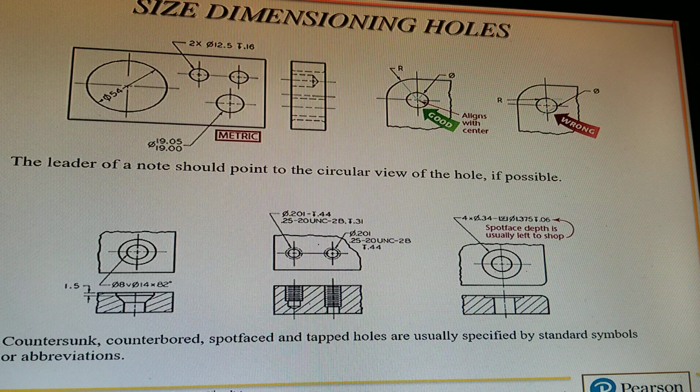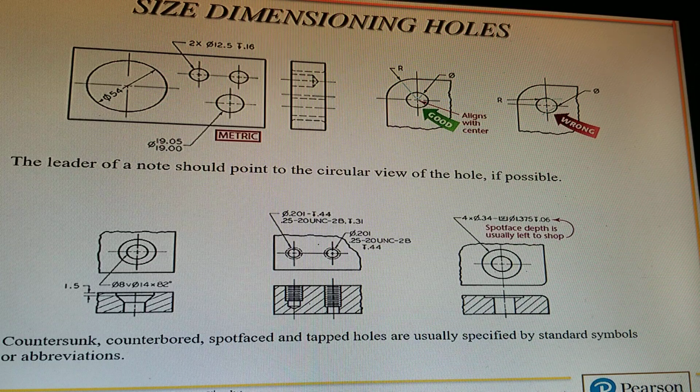Going down below, you have on the left a drawing of a countersink. You have a top view and a front section view, and that's a countersink drawing. And in the middle there is a threaded drawing.